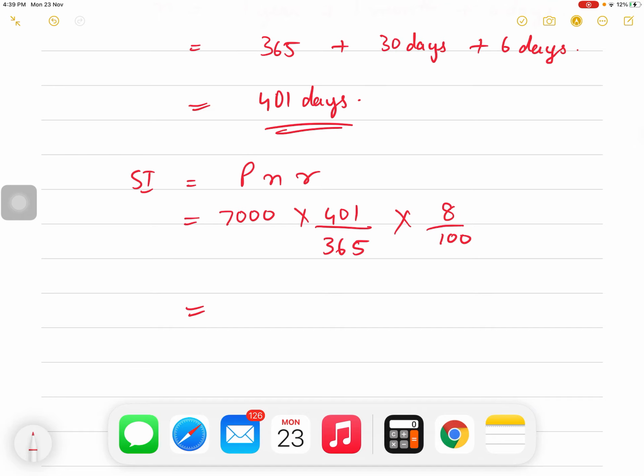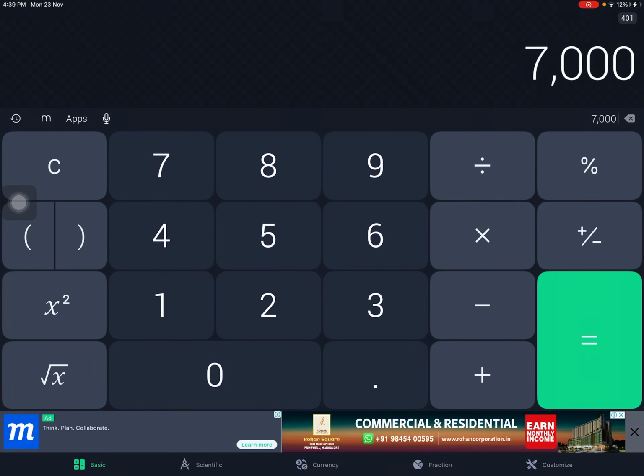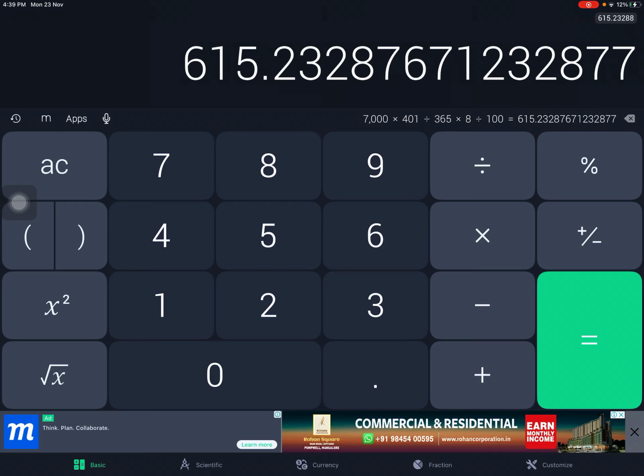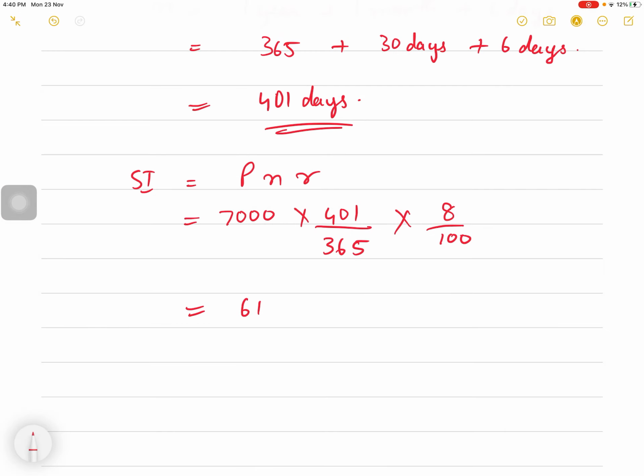So 7,000 multiplied by 401 divided by 365 multiplied by 8 divided by 100. Your answer is 615.23. Rupees 615.23.